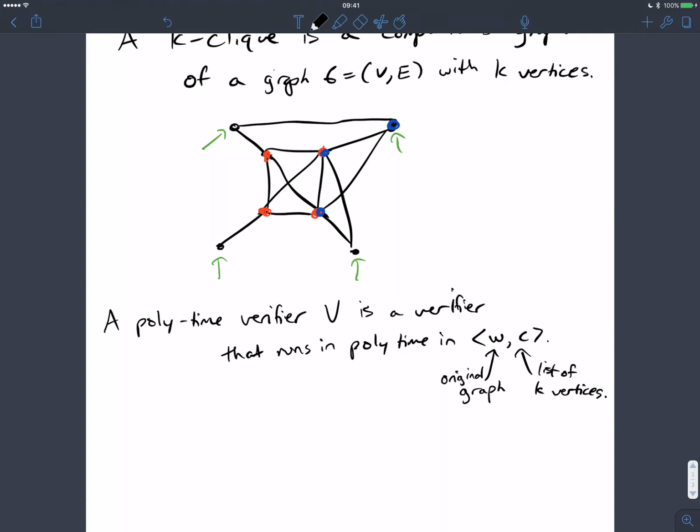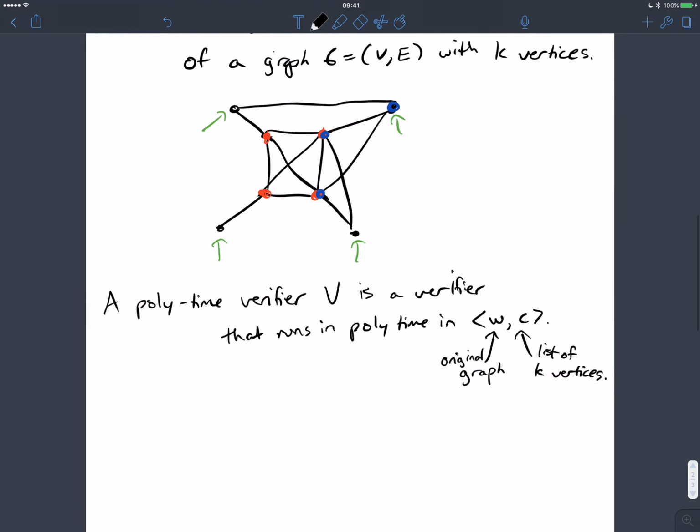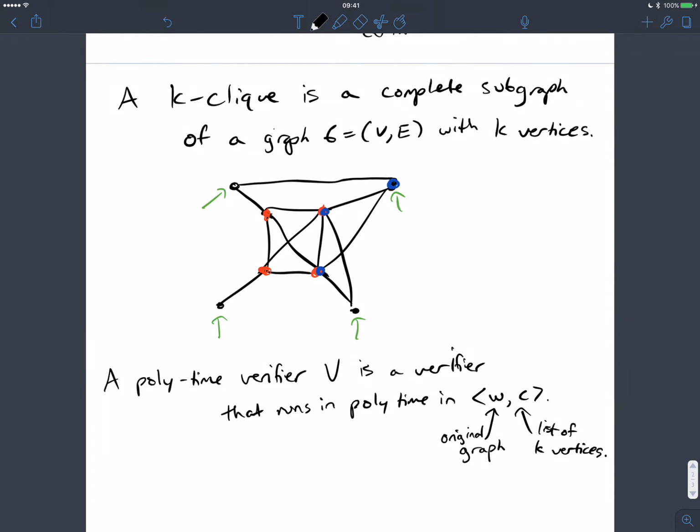Yeah, and there are many ways in general for a verifier to work and what the certificate can be. So if you just say the certificate is the k vertices, then that seems to be the natural thing to do here. Does that make sense? So the verifier is just a deterministic algorithm that takes this supposedly magic verification, this certificate string, and says whether or not the original input W really had that list of k vertices as a k-clique, for example. Okay?